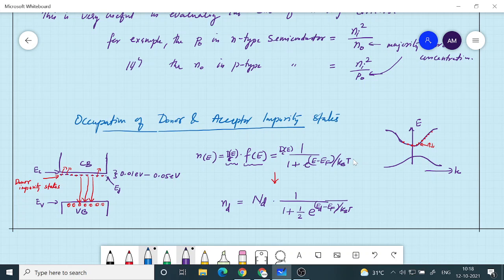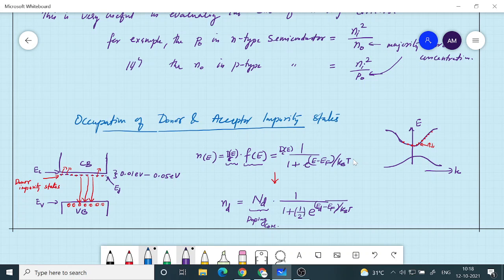So similarly, if you look at the filling up of the donor states, the number of states which are filled is equal to the total density, which is given by the doping concentration, multiplied by some probability function, and in that probability function there is an extra half.